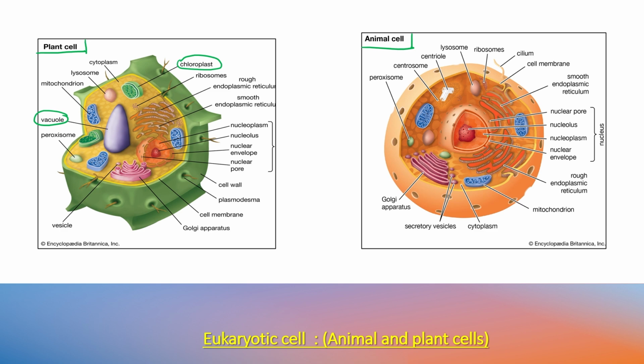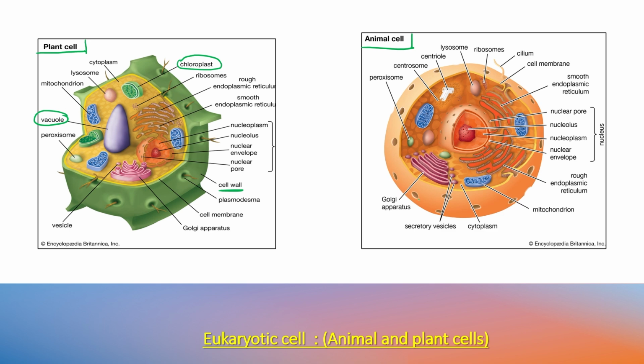No big central vacuole, but many small vacuoles are there. The plant cell has a cell wall on the outer surface, while in animal cells there is no cell wall. So these kinds of differences are there between plant cell and animal cell.